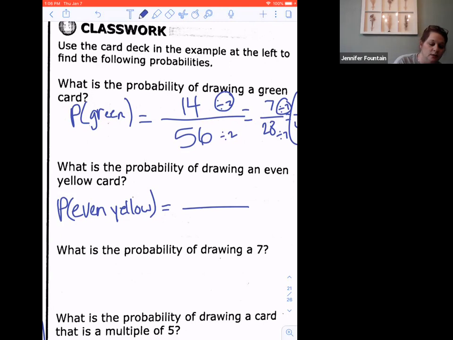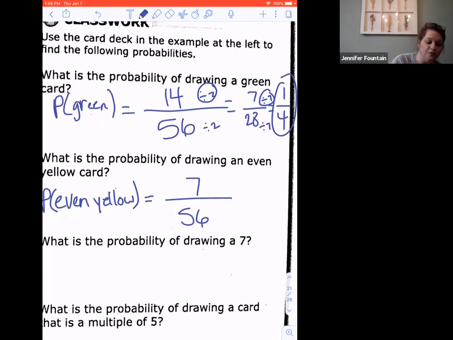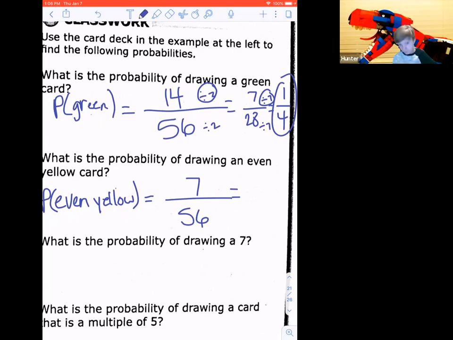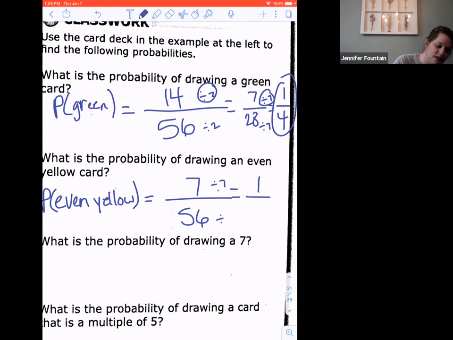So 7 goes in my numerator. My total cards, still 56. So I've got the fraction of 7 over 56. Not in simplest form yet. So what are they both divisible by? 7. 7 divided by 7 is 1. 56 divided by 7 is 8. So I could read this as I have a 1 in 8 chance of drawing an even yellow, or I have probability of 1/8.